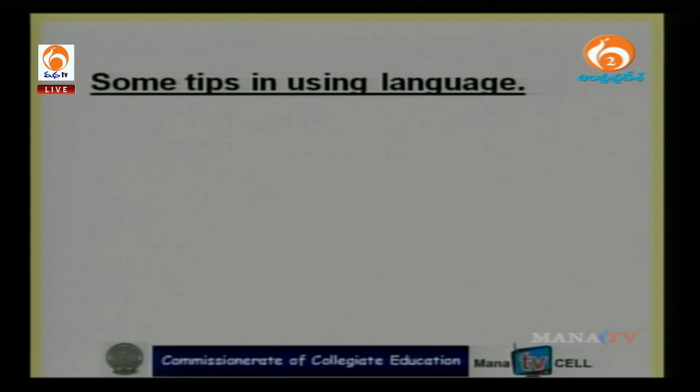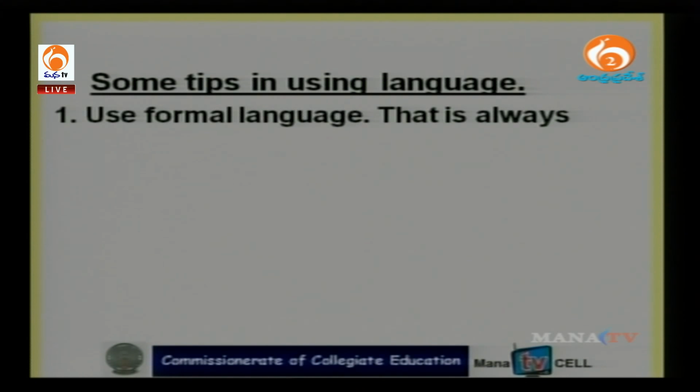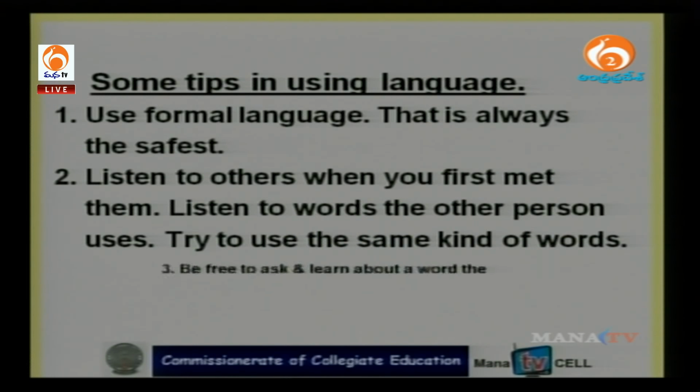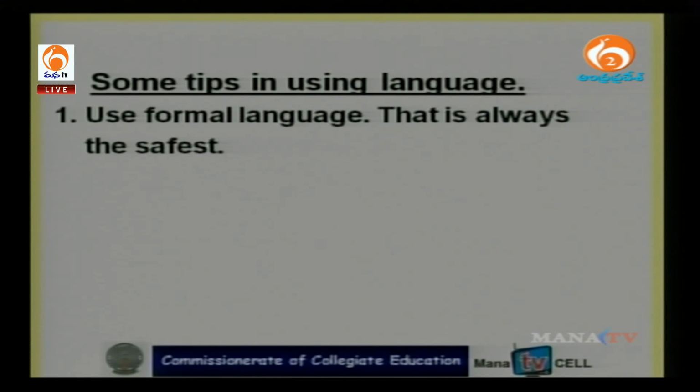Now, look at some tips in using language. Generally you have to listen to the other person who is using that language, and using formal language is always the safest thing in society, particularly with strangers and higher officials.